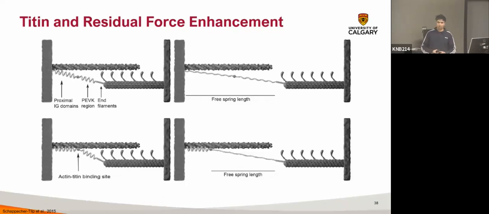To that, I would say I don't think we know enough about the stiffness of the individual titin residues, the PVK residues or the distal IG residues to be able to say that based on this binding site, the rest of the PVK or the rest of titin should produce this amount of force. We can't back calculate that way. It's very difficult to figure out how much force all these things are producing.